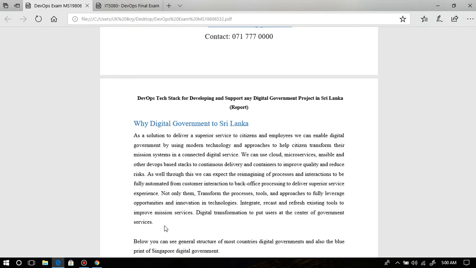Actually, through this type of digital government, we can go to new types of innovation. As an example, through a digital government based website, we can give an analytic report to citizens, and it can give alerts to people.